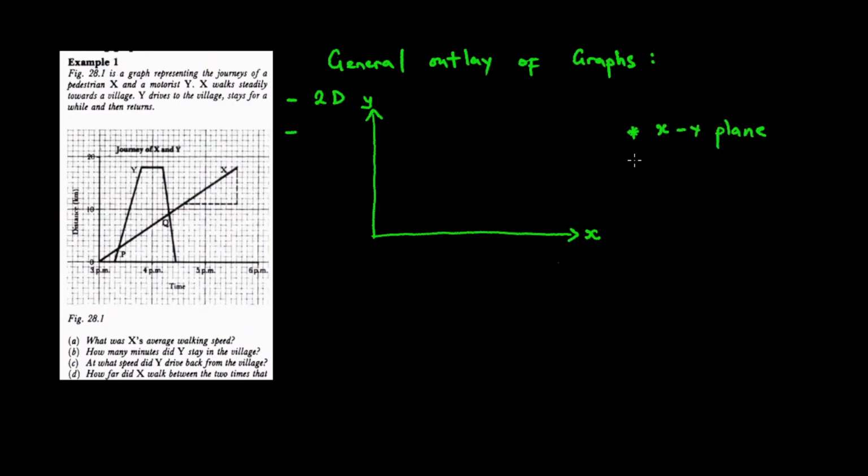Kana mukada kuva more technical, it's called a Cartesian plane, after Cartesian, the person who developed this. But kana tichiti x-axis, kuno tichiti this is the x-axis and uko is the y-axis. There is something special here which you should understand.